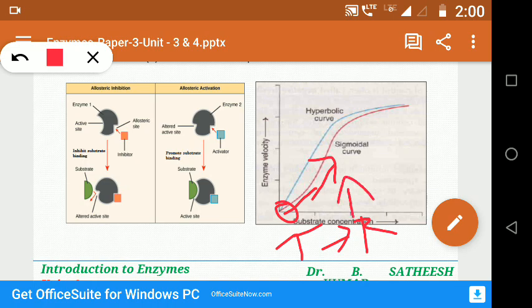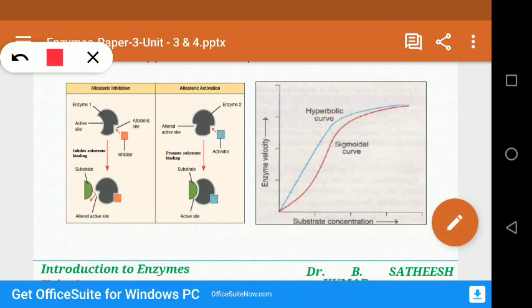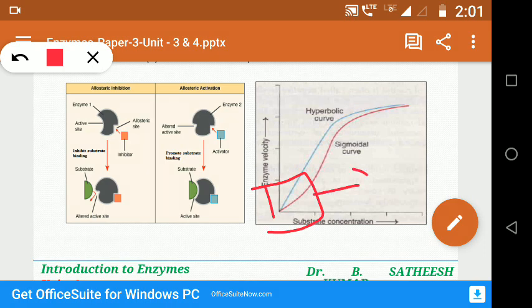As we add more and more substrate, we will get more R form enzyme molecules, and they will catalyze the reaction and produce the products. Here you can see at low substrate levels the R form is less. As the substrate concentration increases, the R form is more, therefore more product is formed.